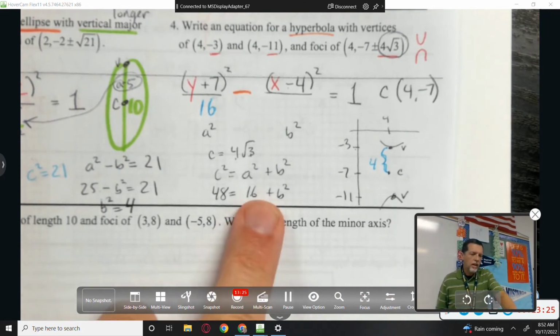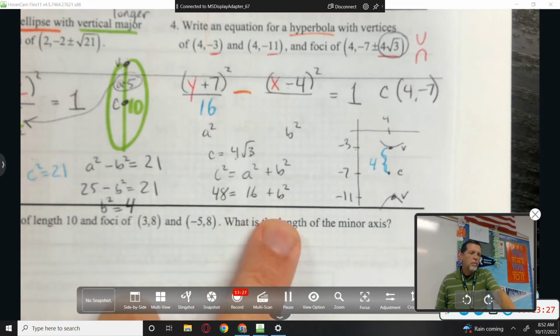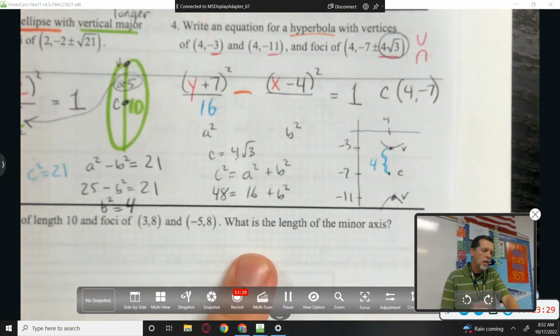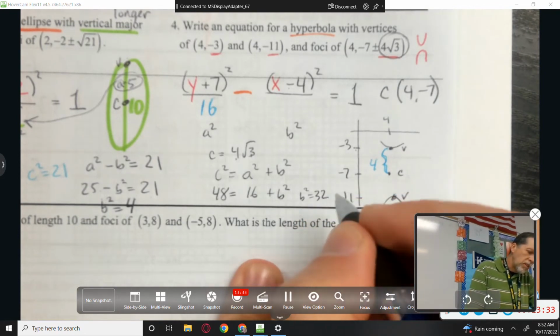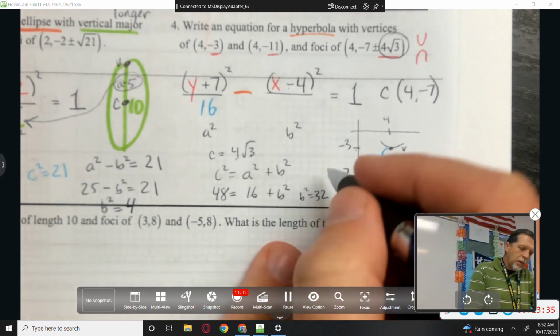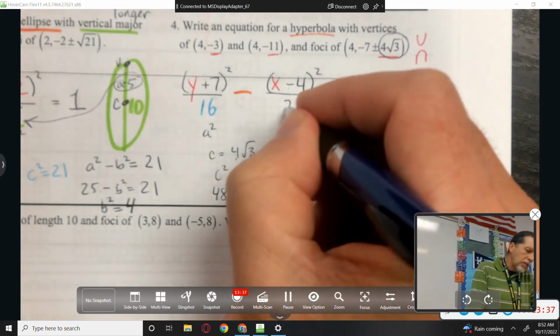And then a squared is 16. b squared is what we're looking for. So b squared is 32. I don't care what b is, because what I need is b squared, so I can just put 32 under there.